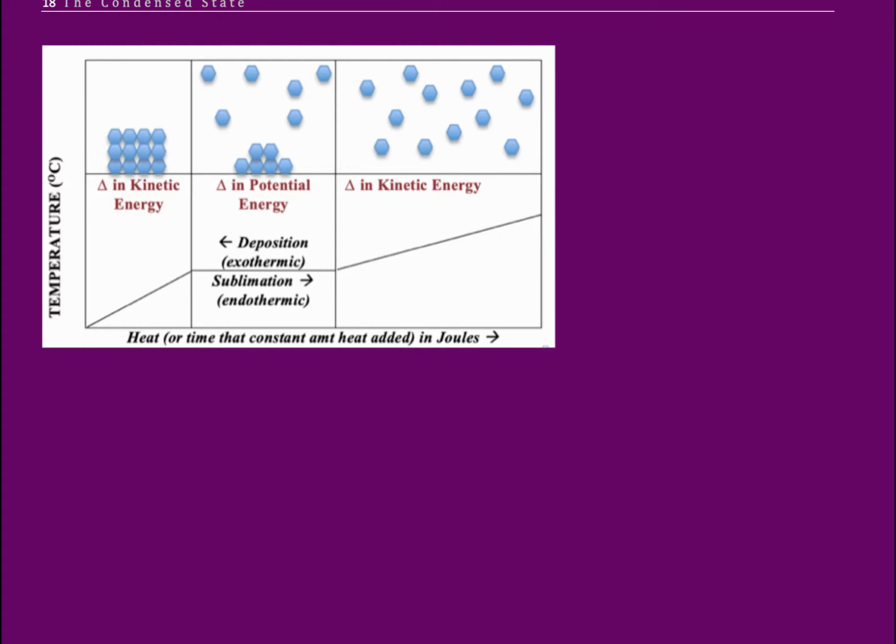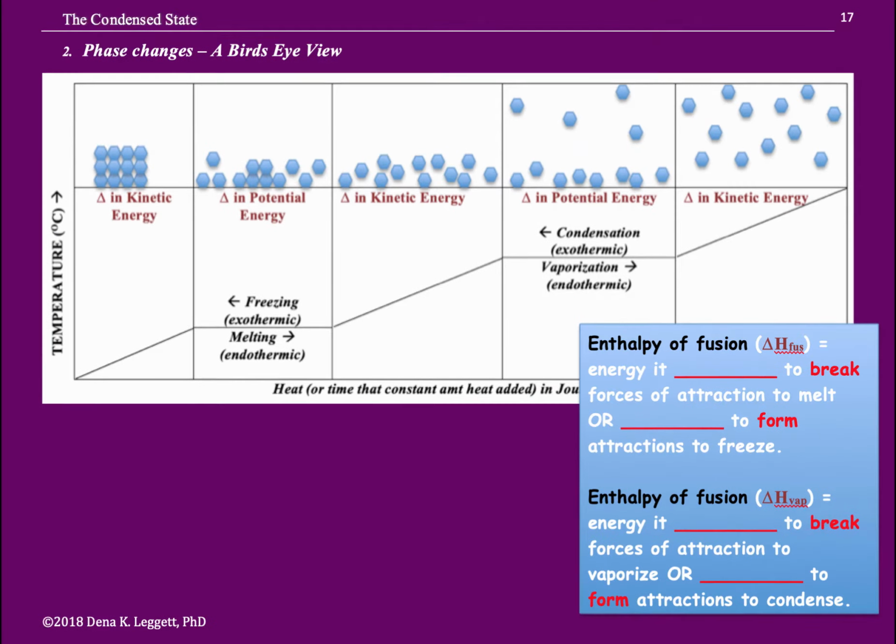That, by the way, had 4 of the 6 different phase changes on it. A way you can remember whether it's exothermic or endothermic is I have my students ask what I call the stove question. Would putting it on the stove help?